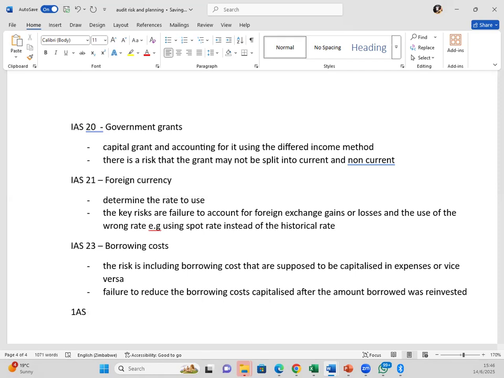Or maybe before 36, we also have 33, but let's move to 36. IAS 36 talks about impairment of assets.